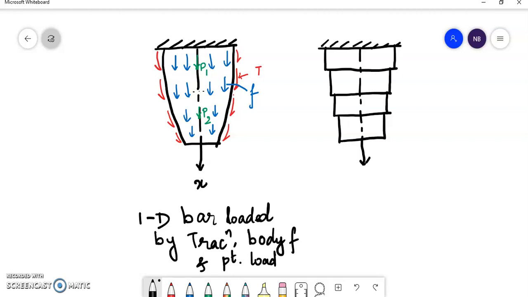So what we have done here is we have divided it into smaller parts.